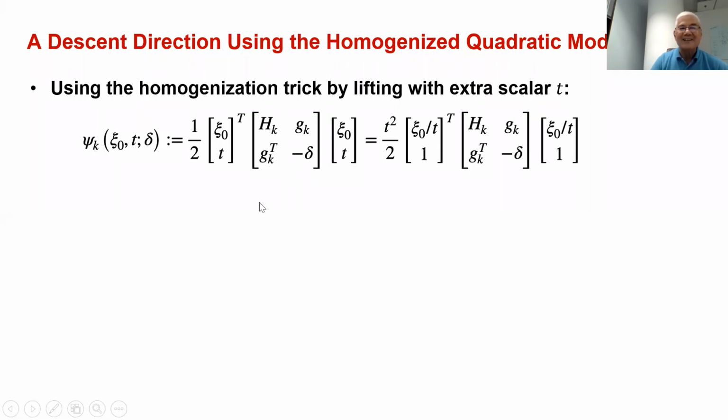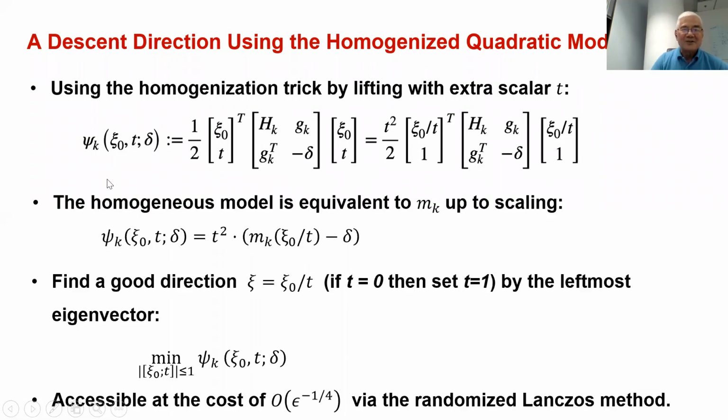Then we look at the smallest eigenvector. The leftmost eigenvector for this augmented matrix is augmented. You have one more dimension, but you can always scale it to show this is the descent direction.